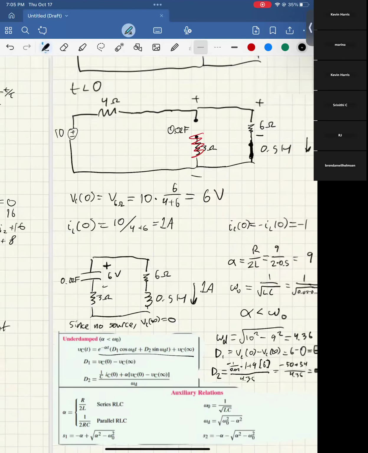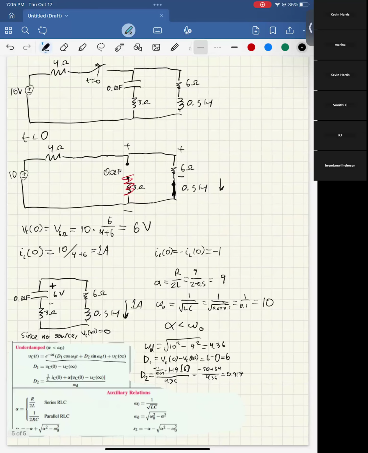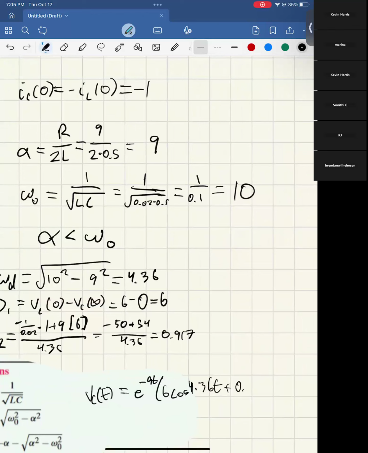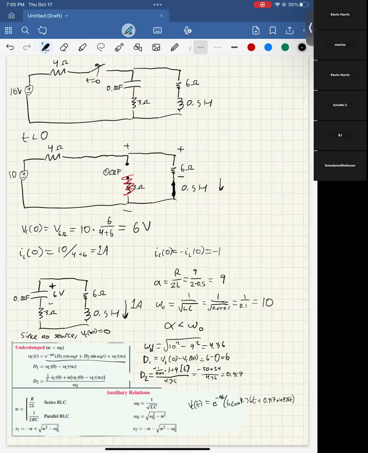So VC of t equals e to the negative alpha, so -9t, times D1, 6 cosine of omega d, so 4.36t, plus D2, 0.917 sine of omega d, which is 4.36t, and then plus VC of infinity.